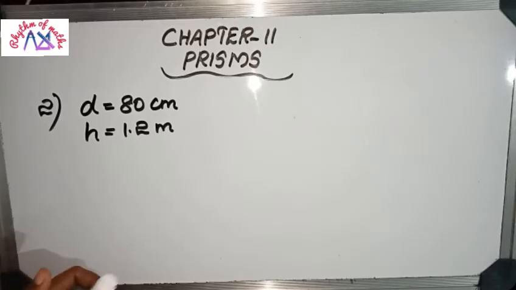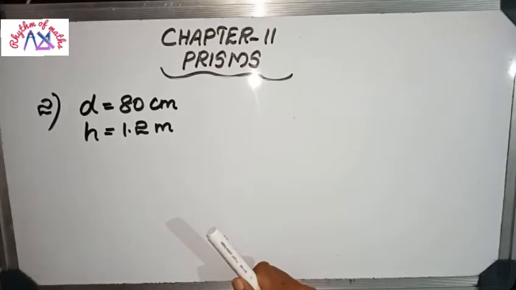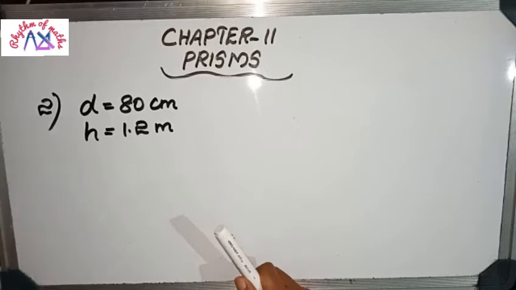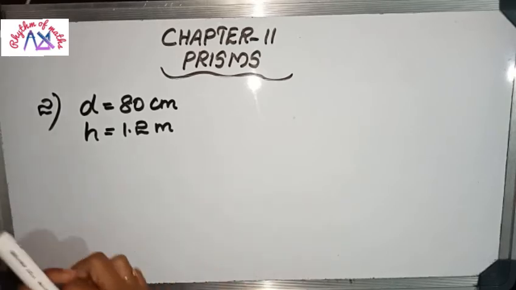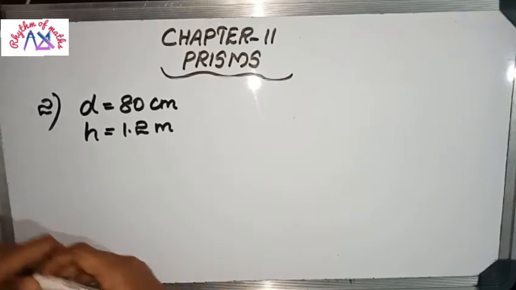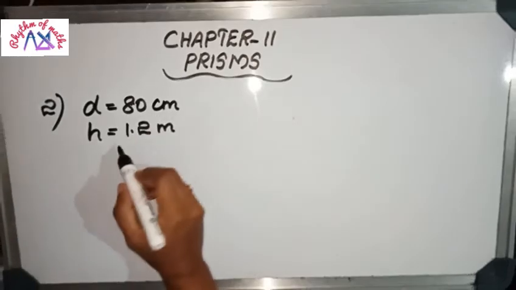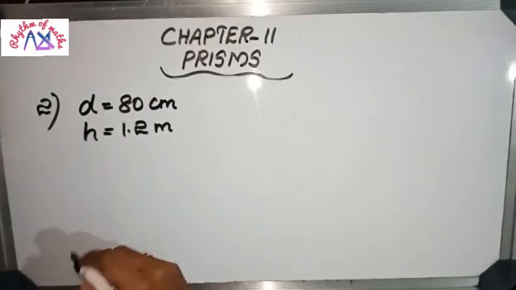In this question we have a road roller. Have you seen a road roller? A road roller is a vehicle used for tarring or leveling the road or a surface. Its wheel is a big wheel, and that wheel shape is a cylinder. Now for that road roller's wheel, the diameter is 80 centimeters and the height is given as 1.2 meters.